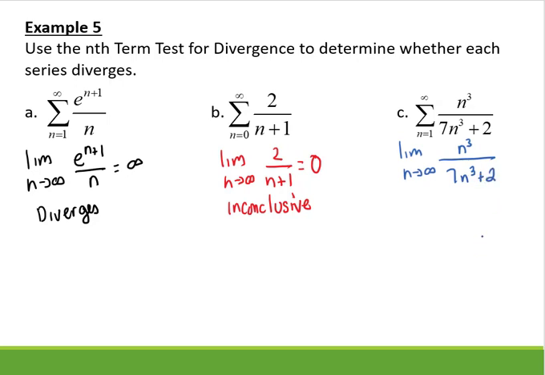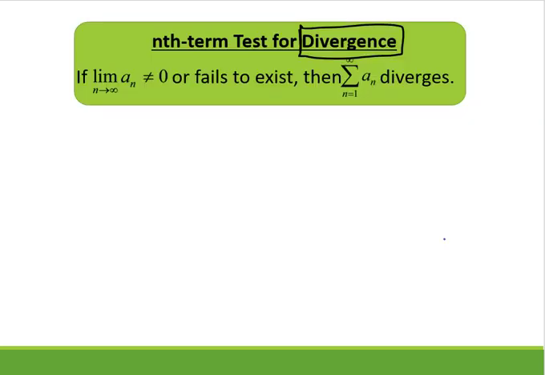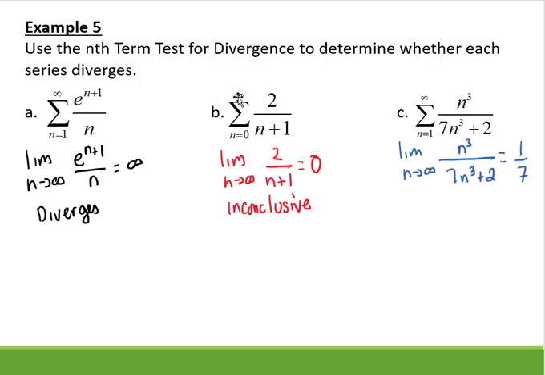So since this doesn't equal 0 or fails to exist, then this diverges. I don't know why I struggle with the nth term test. And of all the tests, it's the easiest of the tests. I don't know why I always struggle with remembering what the nth term test is.